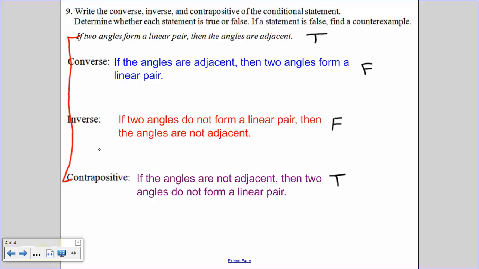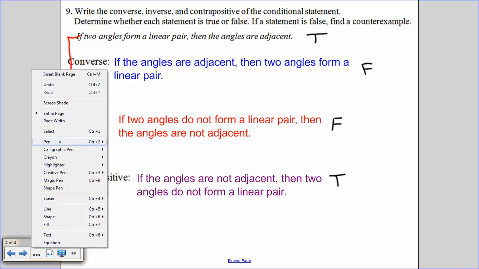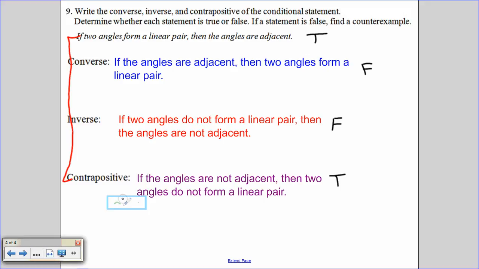They're both true. And that's supposed to be the case because those two statements are logically equivalent. And then the converse and the inverse have the same truth value because those two are logically equivalent and they're supposed to have the same truth value.